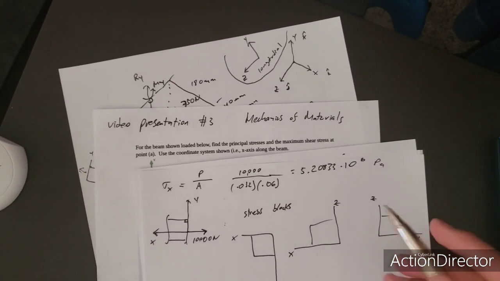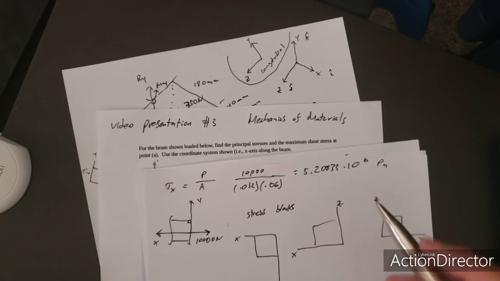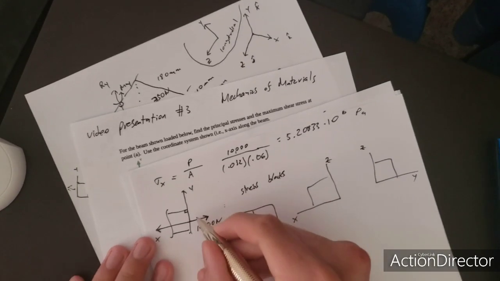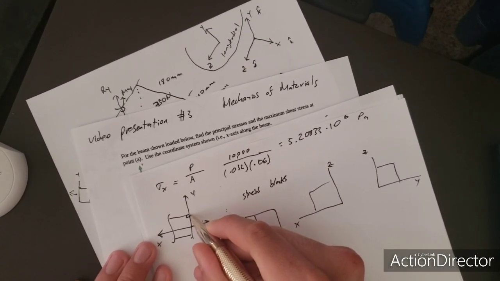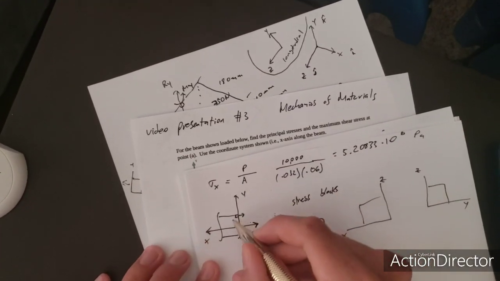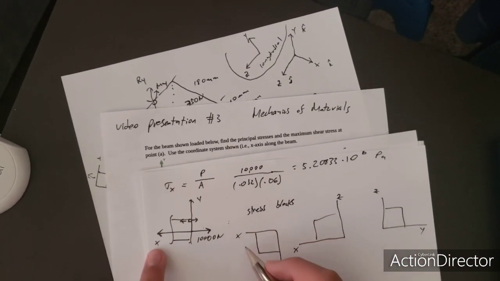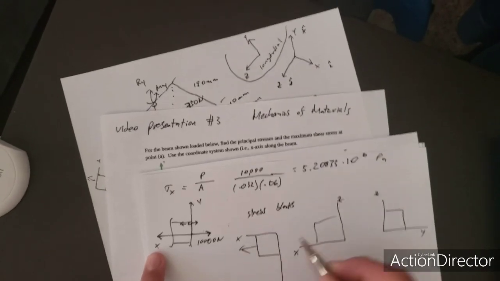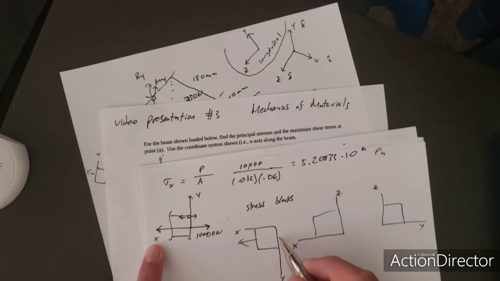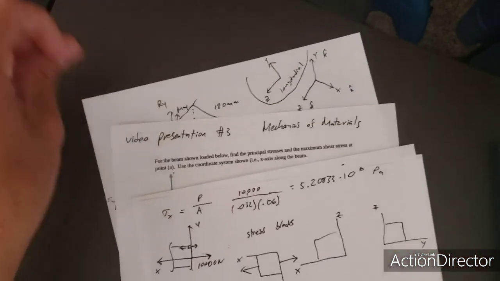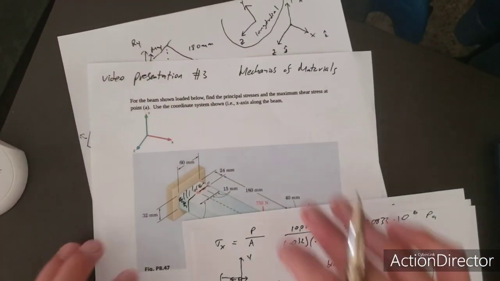Okay, we found that it was positive 5.2 times 10 to the 6 pascals, and so what is happening there is it's just stretching this little square that much. So it's going towards the X, as you can see there, and away from, and crossing the Y. And then the XZ, let's think about the XZ.